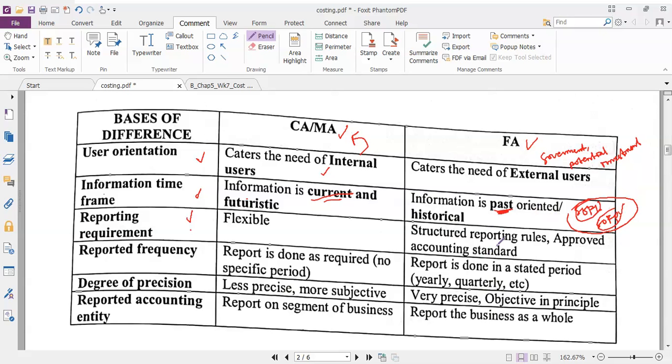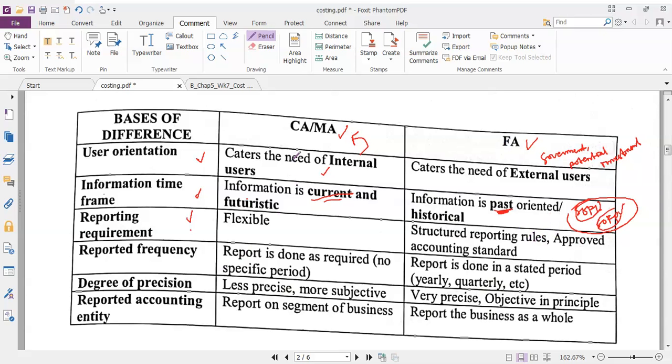Okay? So dia ada approved accounting standards, yang semua kena sama je. Every business organization kena follow reporting standard yang sama. So financial accounting ni memang special. Semua dia ada standard yang kita kena follow.